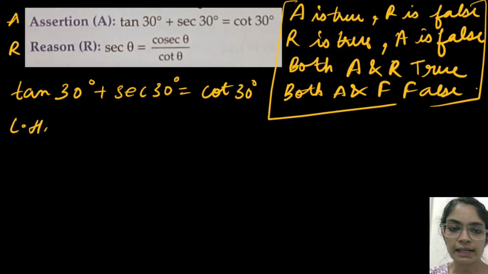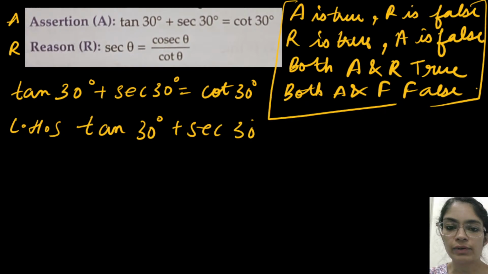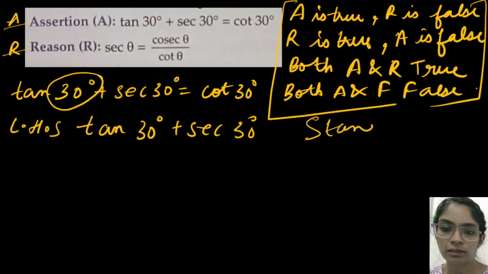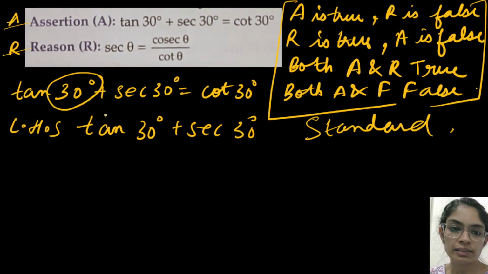Left hand side I am going to solve and check. Although I haven't started the standard angles chapter, one assertion reason question was there, so I am just doing that. In detail we will do that chapter after completing trigonometric ratios. As of now I'll just tell you their values.